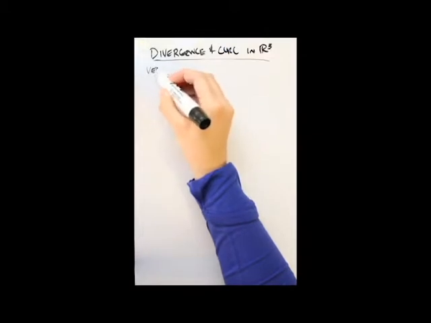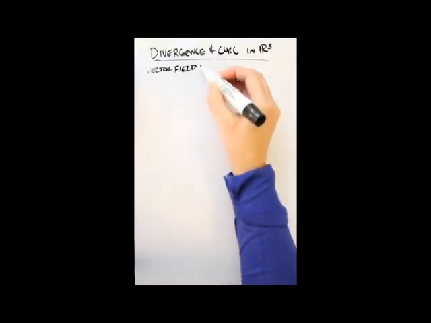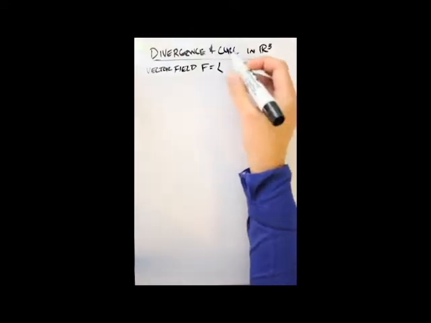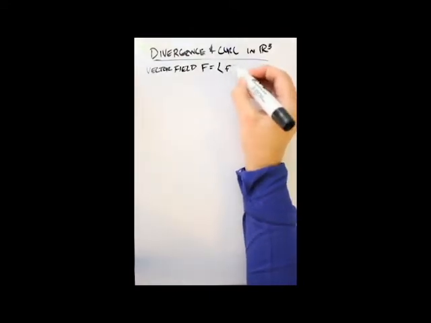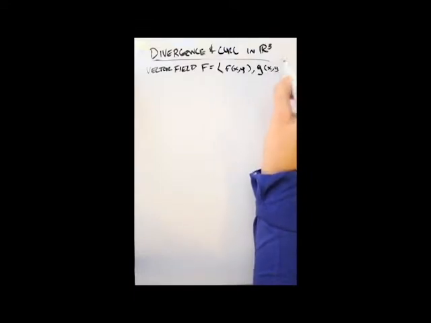So for a vector field, let's just define that first. Our vector field is going to be F, such that the x component is f of x, y, and the y component is g of x, y.